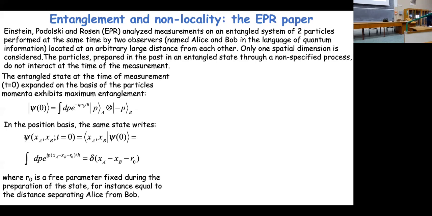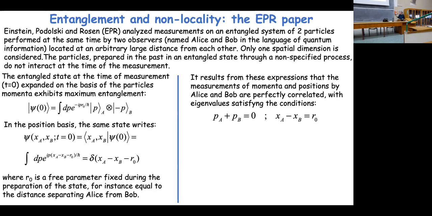If you have all the p's, it means that your function is flat, and its Fourier transform will give you a delta function. So you see that if you put this parameter R0, what you have built is a very special wave function. The two particles have opposite momenta, and the difference of their positions, this is their distance, is R0. So you have two particles which are strongly correlated with each other. They have opposite momenta, and they have a distance separation which is fixed.